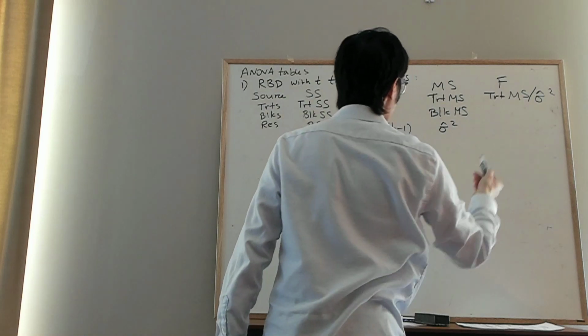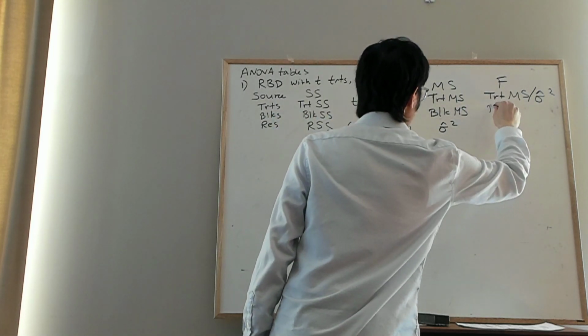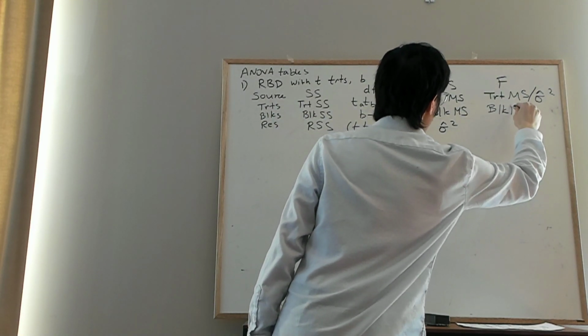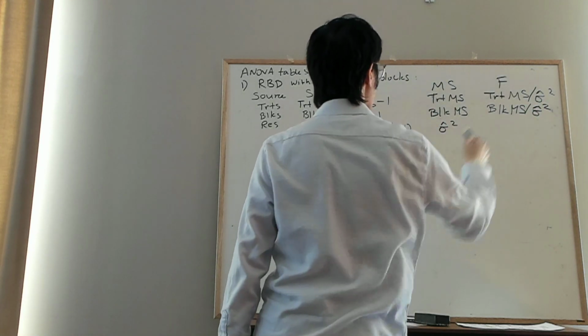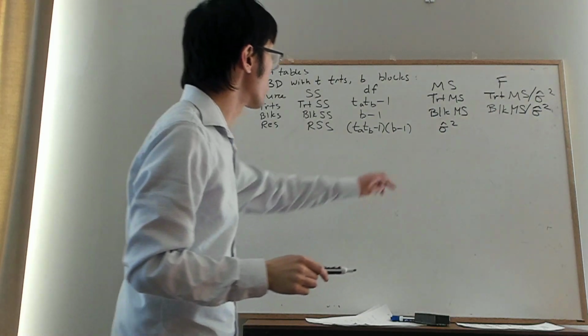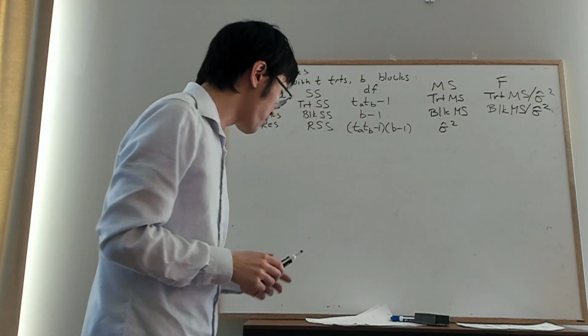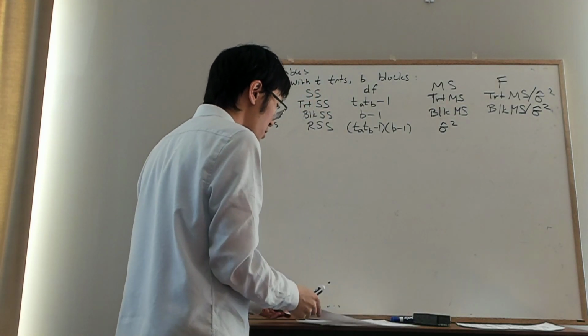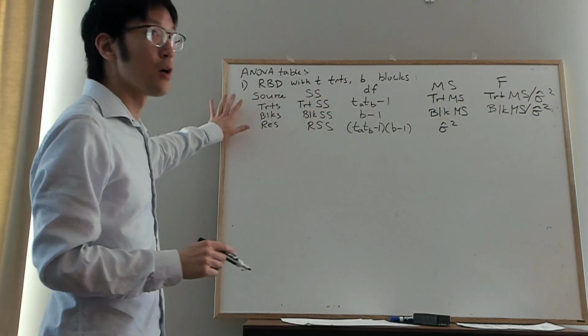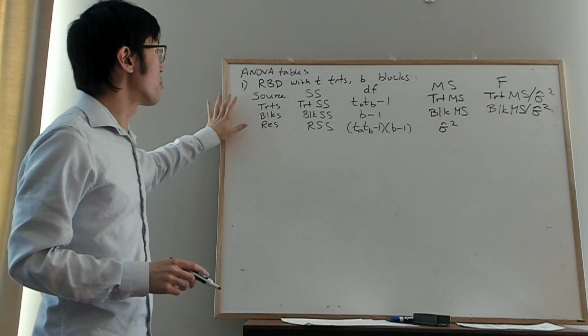But we can also test for blocks if we like, so we can do an F statistic for blocks, which is the block mean square over the residual mean square. So that's the first ANOVA table, the ANOVA table for RBD that we've seen before.